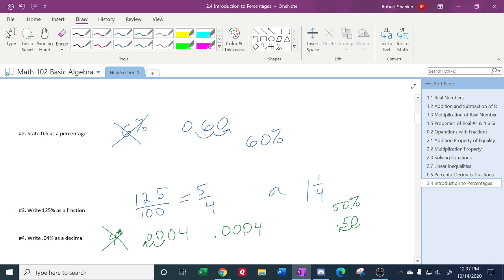And so that helps me realize, yes, I had to move this to the left 2 places. You always make that number smaller, not bigger, when you're getting it. Because percent means divide it by 100, move the decimal to make it smaller 2 places. Okay, so this would be it.